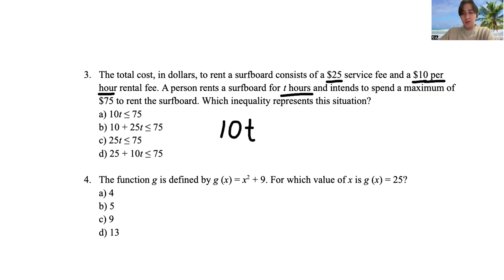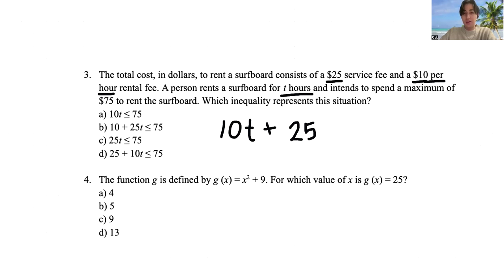So then you add that to the service fee or the flat fee, 25. So once again, 25 is a service fee. It's a one-time fee. That is why there is no variable representing the hours. The variable T that represents the number of hours you rent a surfboard is being multiplied by 10 because it's a $10 per hour rental fee.